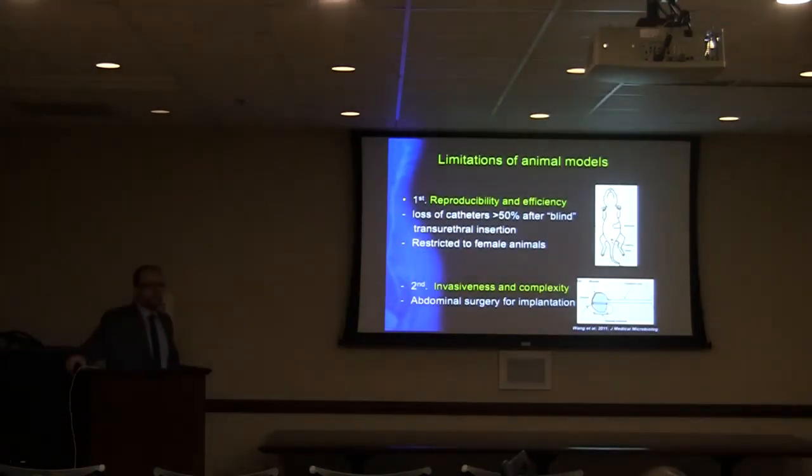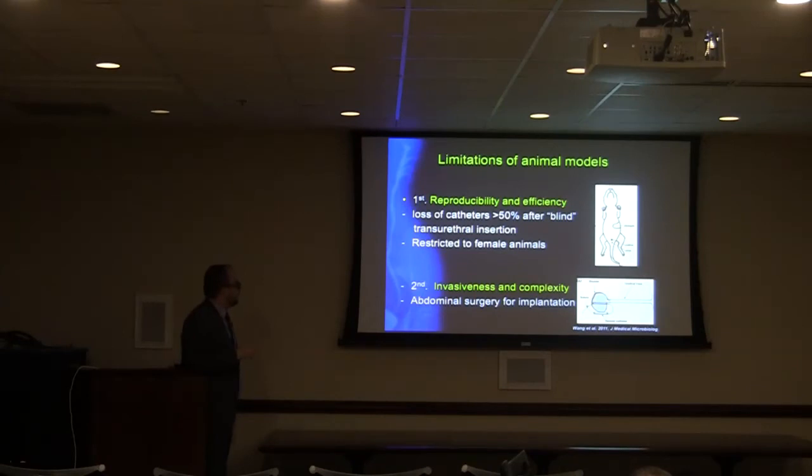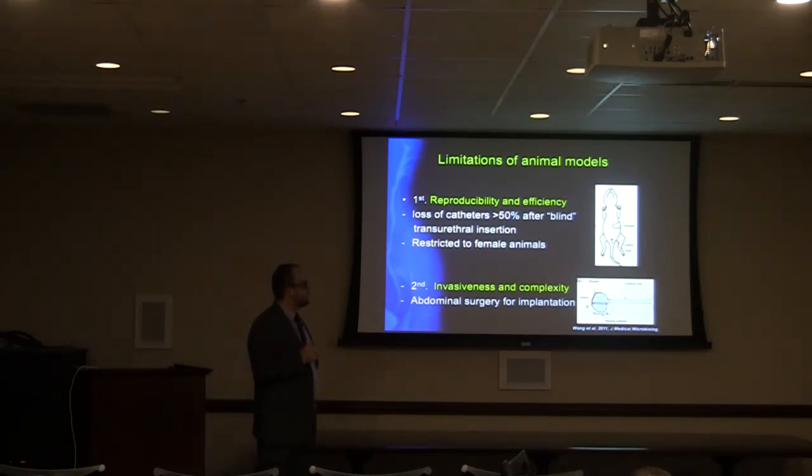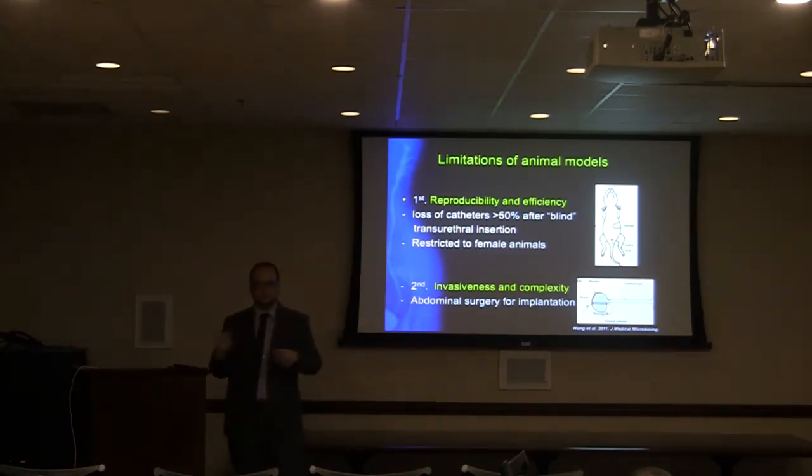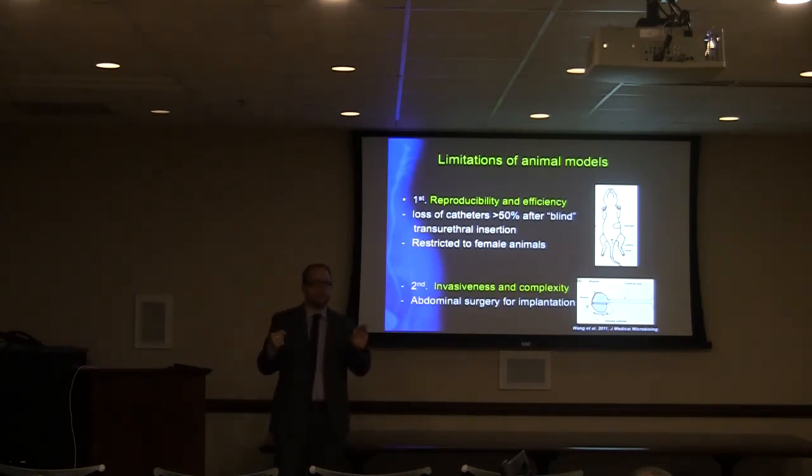So in terms of a urinary tract infection model, the limitations of the models that were out there were, there was an issue with reproducibility. So the way that they would introduce a biomaterial, and we tried this as we developed, is you would basically take a small catheter piece, insert it through the urethra, just like you would do in a human being, and then leave it in the bladder.